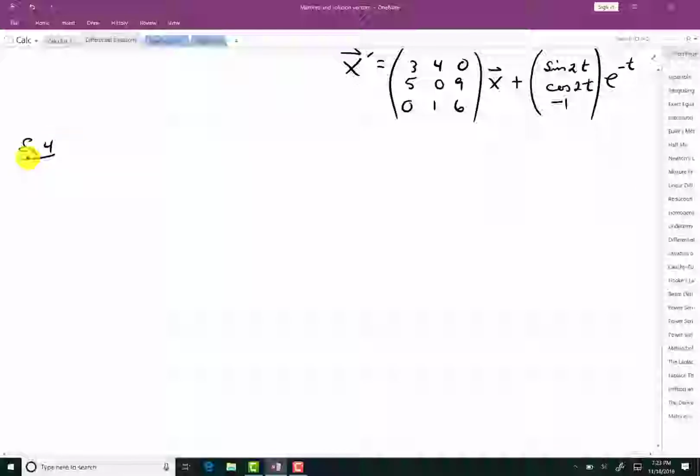This time let's reverse this. Let's write without matrices. So I'd like to write it as a system of equations. And the look of it is this.